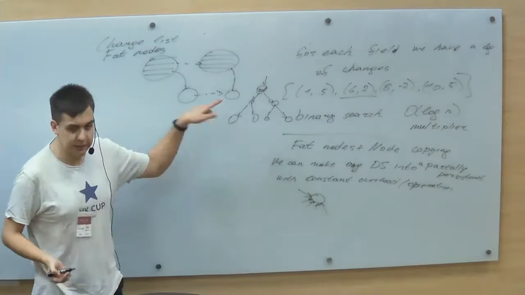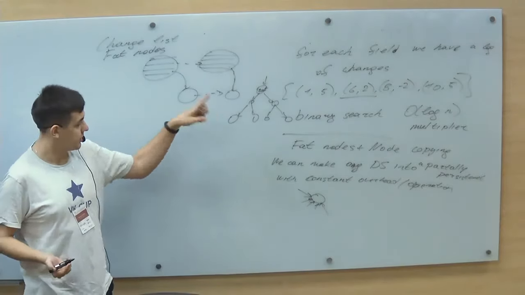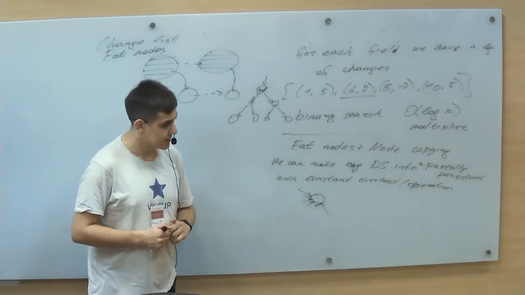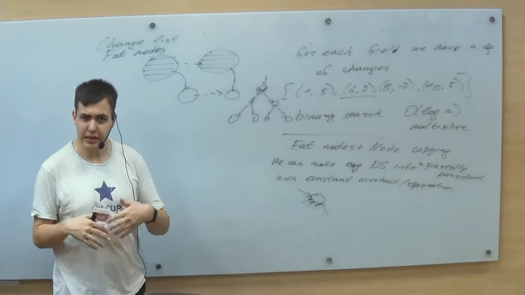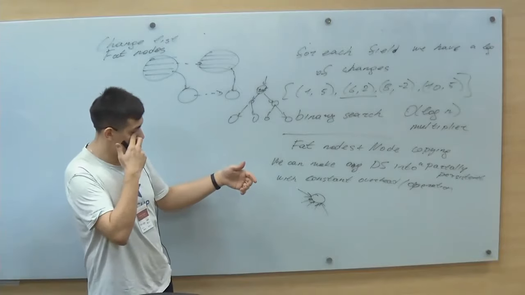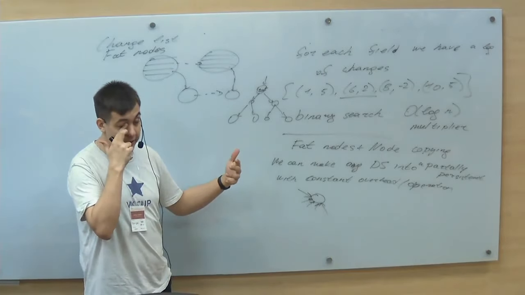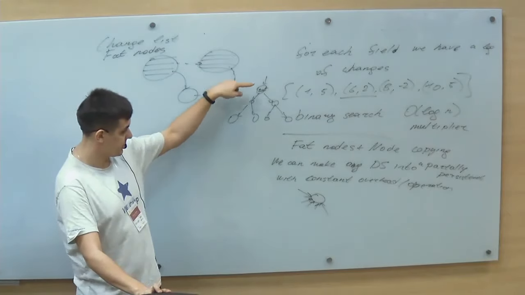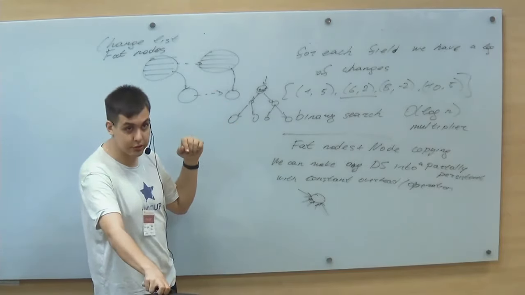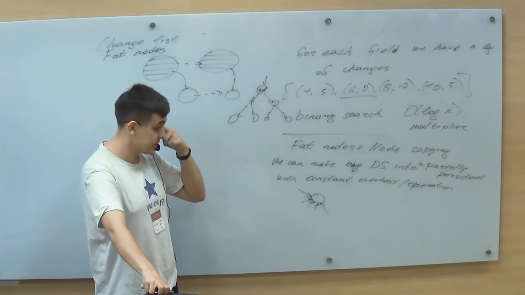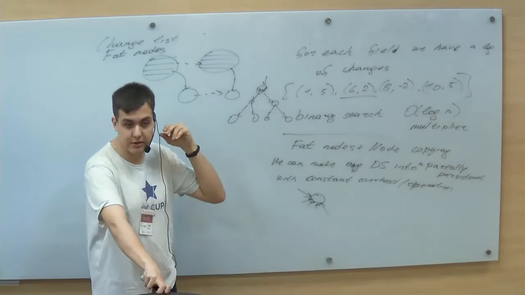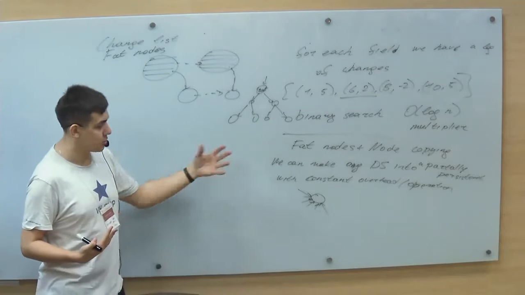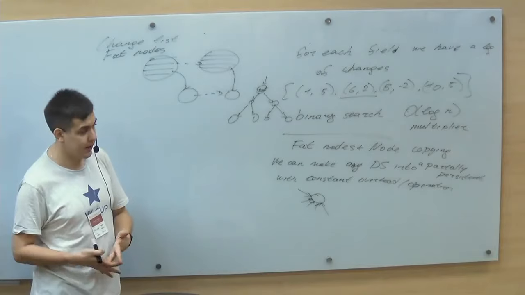So any vertex except the root has in-degree 1, and the root doesn't have any. So if you implemented some data structure where the incoming degree of each vertex, the number of other structures that point to that structure, is constant, then we can achieve constant overhead per operation and also have cycles.